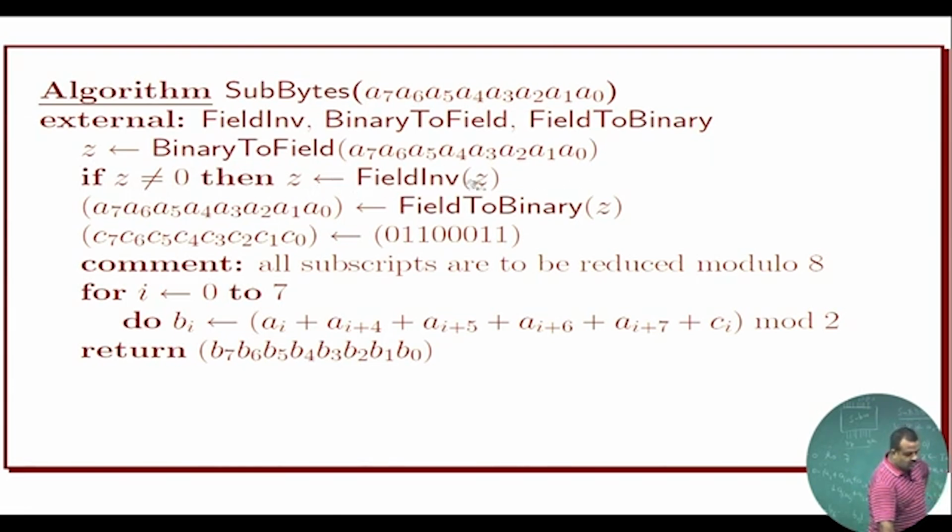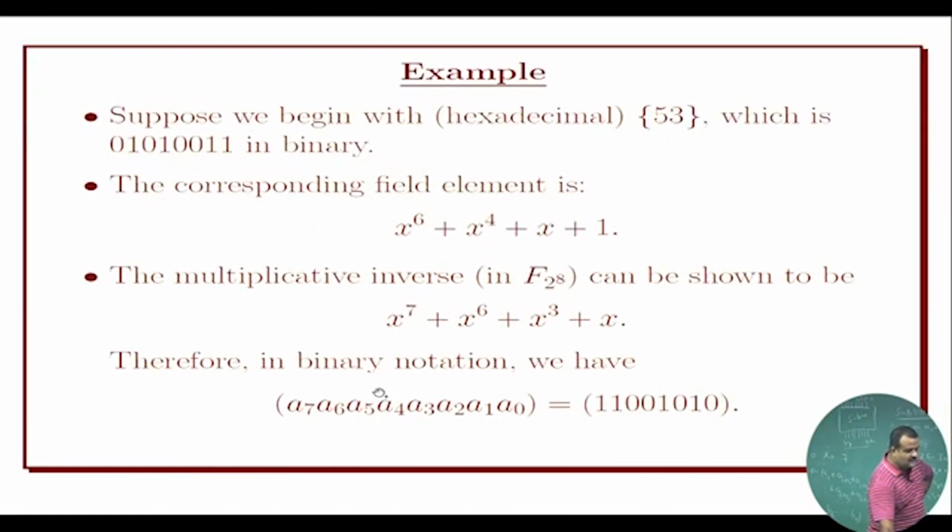We store that field inverse of z into z again, and then we take the coefficients again in A. Then we have the constant given by the designer, and then the BI operations to get the output of the S box. Each index must be mod 8, because we only have A0 to A7, and finally this should be mod 2, because each BI should be 0 or 1. Then we return this.